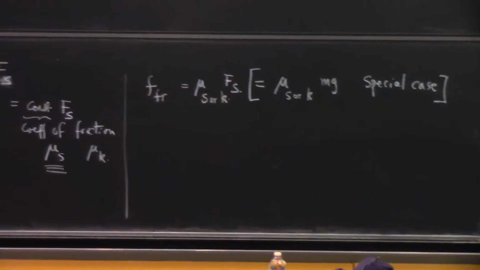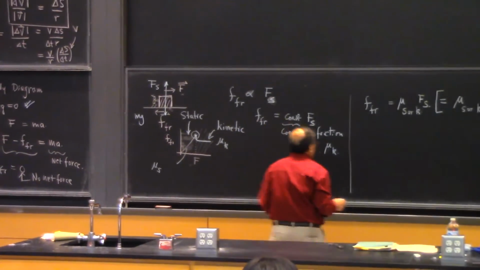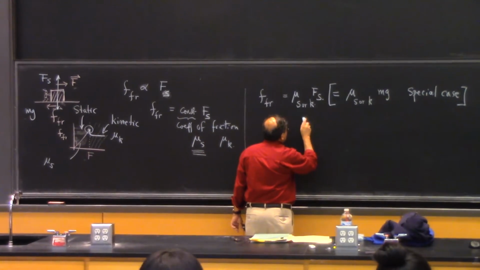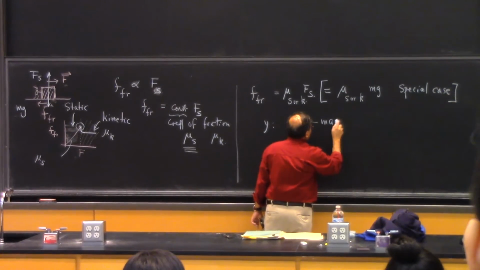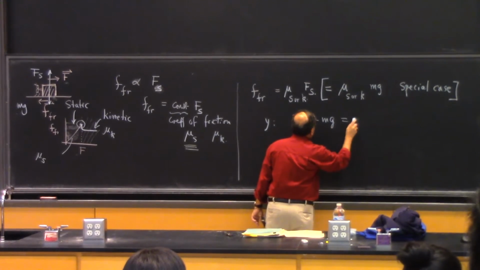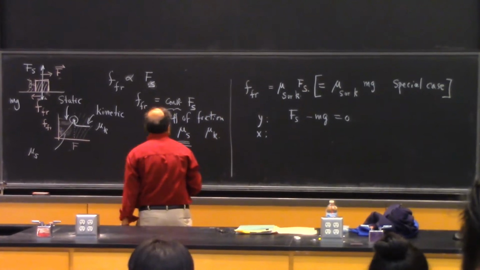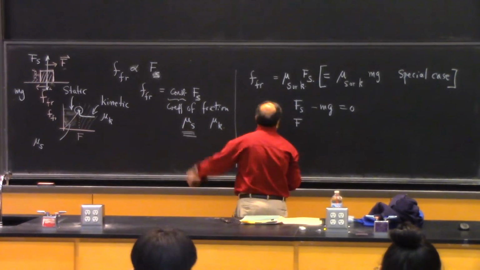So in other words, if I go back to this problem, then I should be able to write the first equation, the y equation, as Fs minus mg equal to 0. The x equation would be applied force F minus friction force.